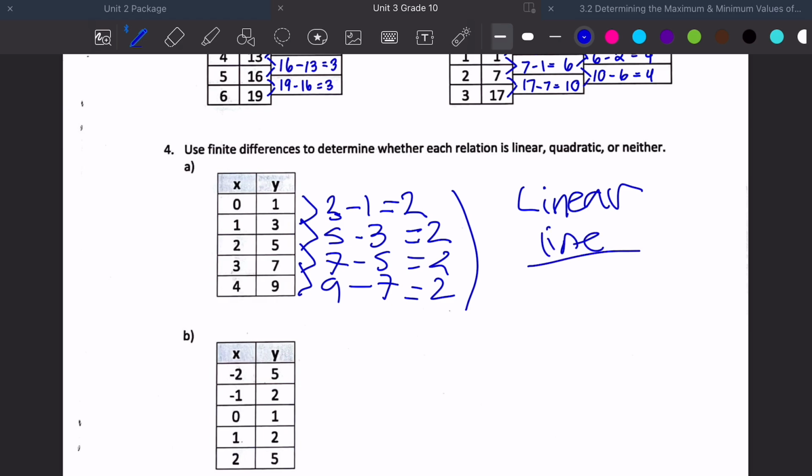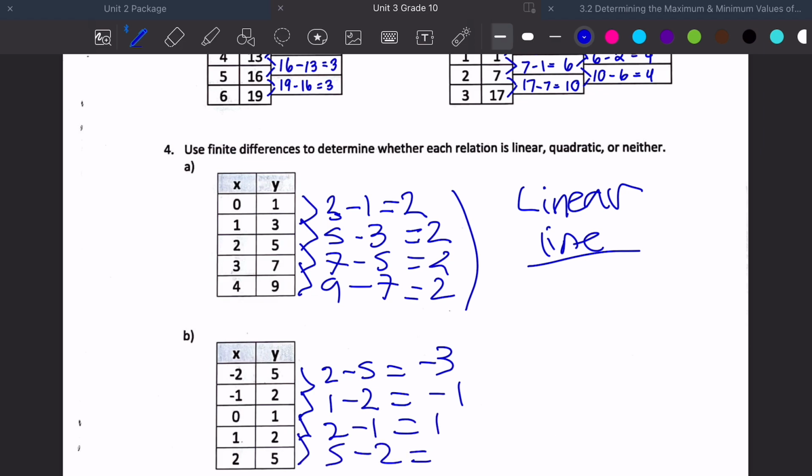And then for this one, 2 minus 5 equals -3. 1 minus 2 equals -1. 2 minus 1 equals 1. And 5 minus 2 equals 3.